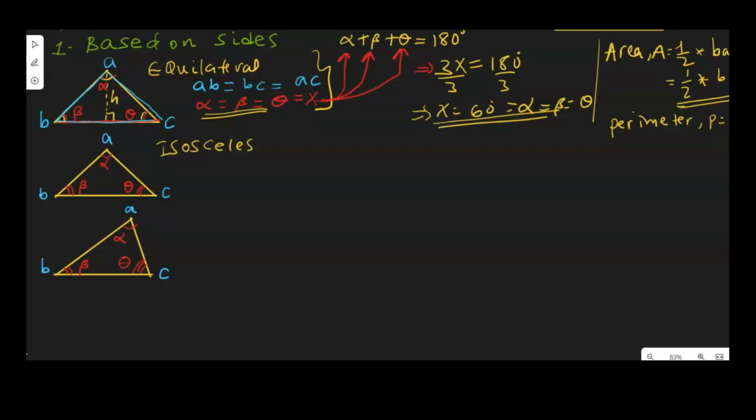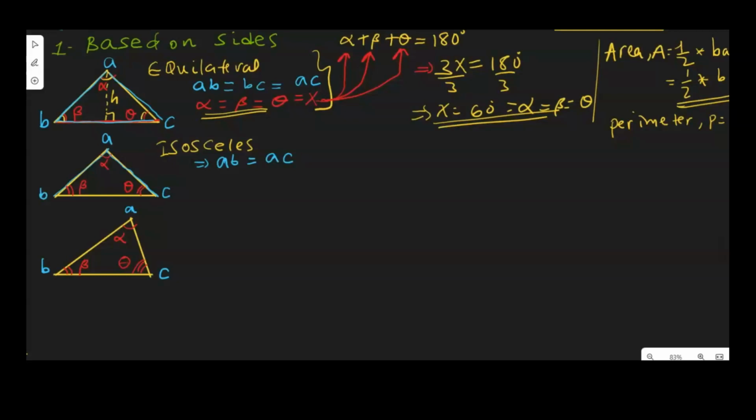Alright, so if you consider A as the vertex of this triangle, AB and AC must be equal, which means AB must be equal to AC. Alright, this is one property of an isosceles triangle.